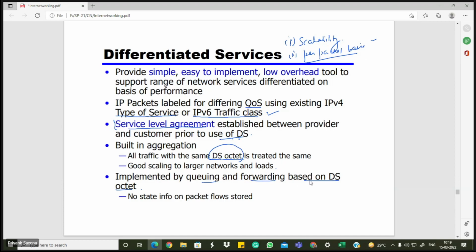So based on the DS octet, that will state what kind of queuing treatment and what kind of forwarding treatment should be given to the packet. No state information on packet flow is stored, right?